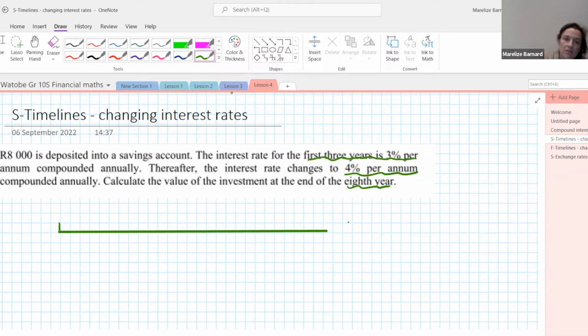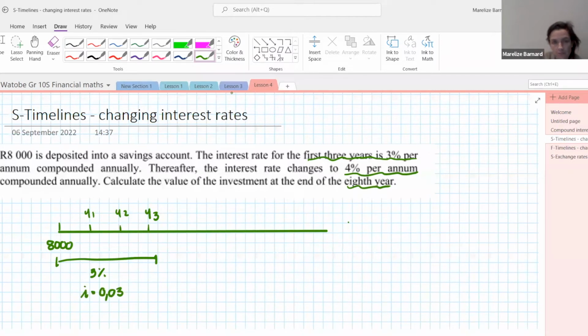Okay, so we can start here with today, and we are putting away 8,000. And then we have year 1, year 2, year 3. And for that time period, we are getting that interest rate of 3% per annum. So 3%, and we convert that to a decimal, that's 0.03.